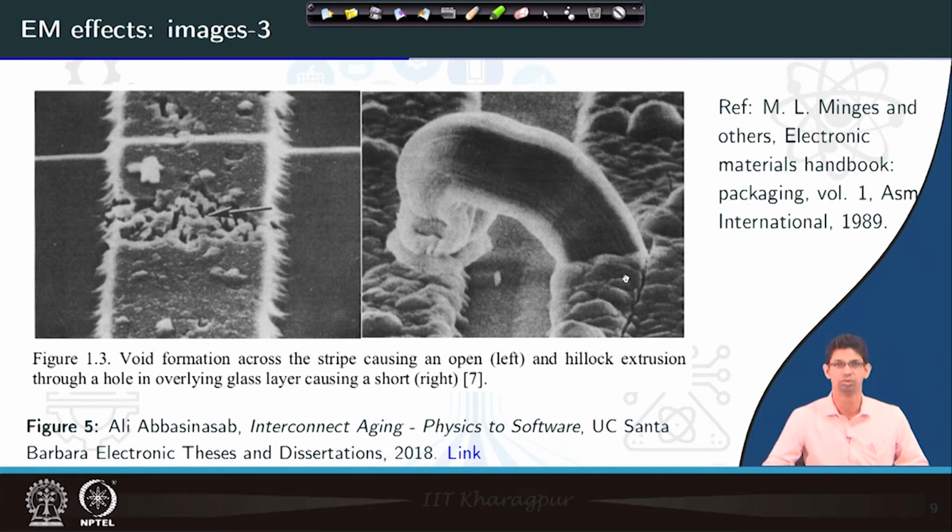There are two adjacent conductors, and a hillock is formed and it is shorting the adjacent conductor. In the long run, when this electromigration builds up over time, this becomes a very problematic issue.